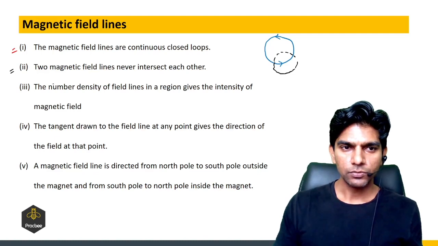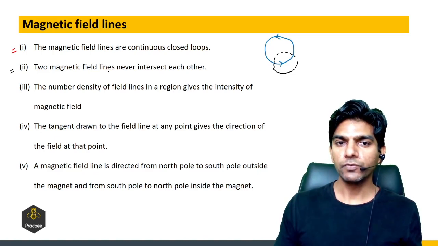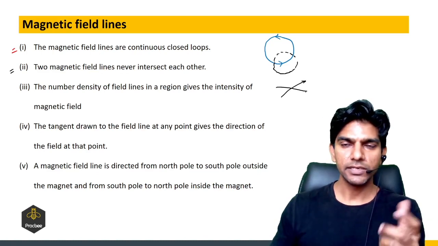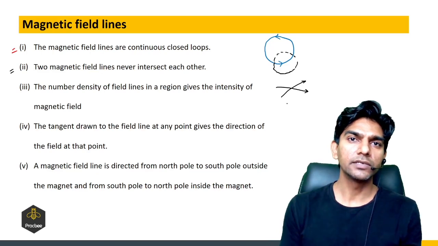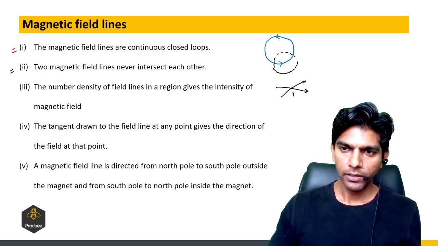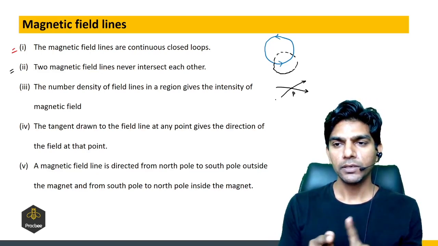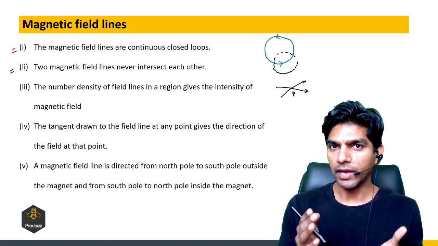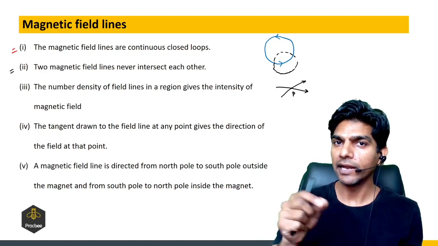Now let us see the second property. The magnetic field lines never intersect each other. What does it mean? Let us say there are two magnetic field lines. Let us take a hypothetical case. Two magnetic field lines are intersecting at point P. You should remember that if I draw a tangent to a magnetic field line, it gives us the direction of the net magnetic field at that location.